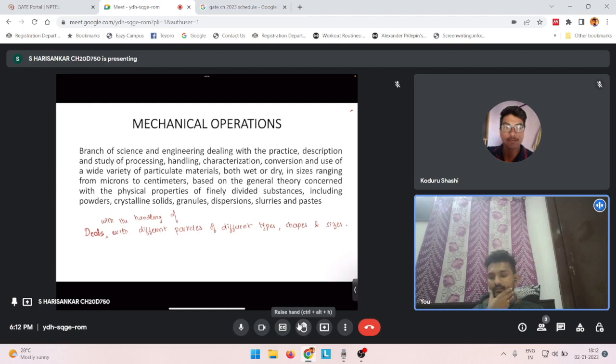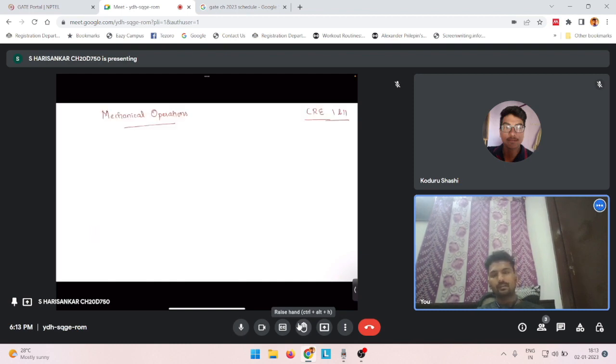This is the very basic definition of the term mechanical operations. In mechanical operations, as we just mentioned, we deal with mainly particles. And as the definition says, these particles can be anything. It can be something like a spherical solid, or it can be an undefined shape like this, or it could be very fine particles forming a slurry or a paste. So it could be anything.